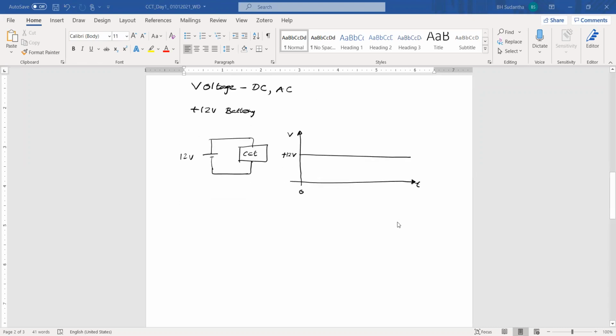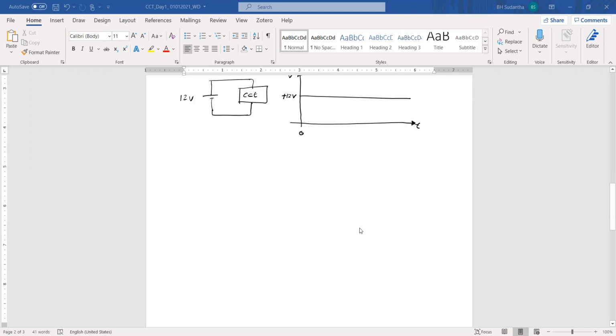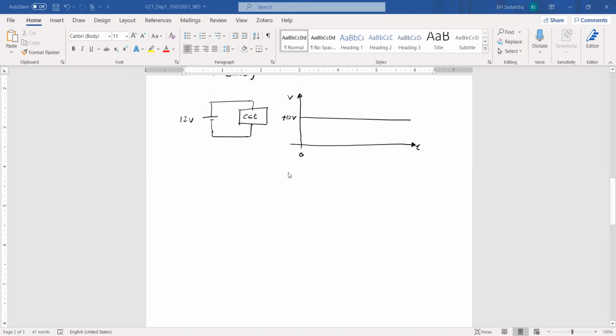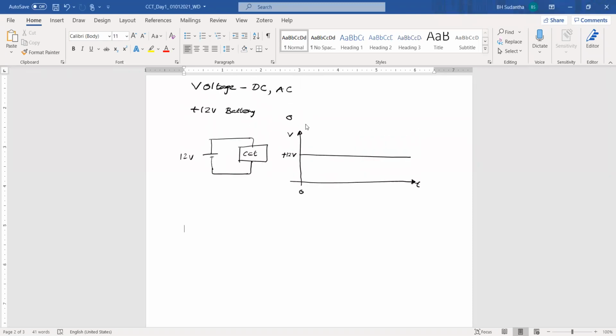Then we are saying DC because we know that some kinds of power sources are like AC. Okay. Then what is the difference between this AC power and DC power? This is one graph. This is a DC voltage. Okay. Can I draw different graphs like this?